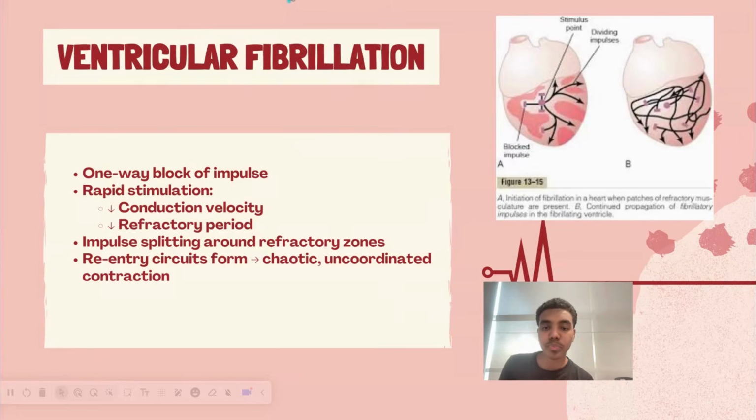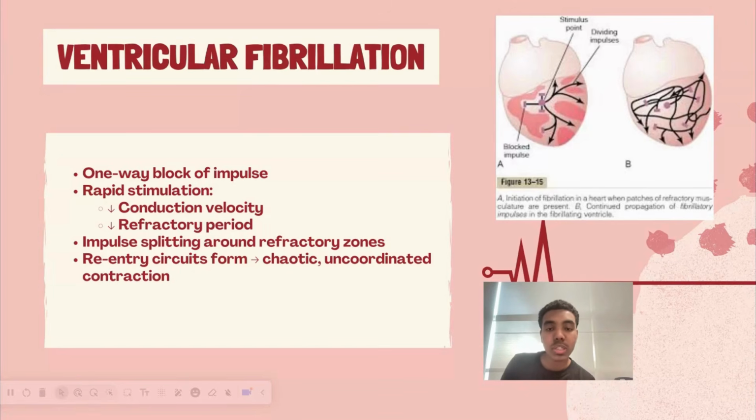However, several disruptions can cause ventricular fibrillation. If conduction is blocked in one direction but not another, or if the heart is stimulated too rapidly, things start going wrong. Rapid stimulation slows conduction and shortens the refractory period, allowing impulses to re-enter areas that should be resting.